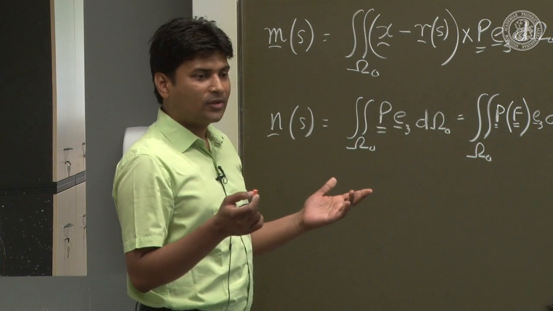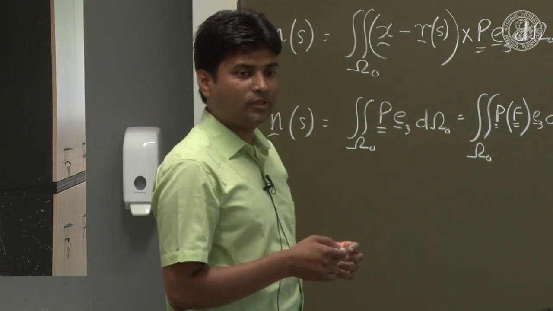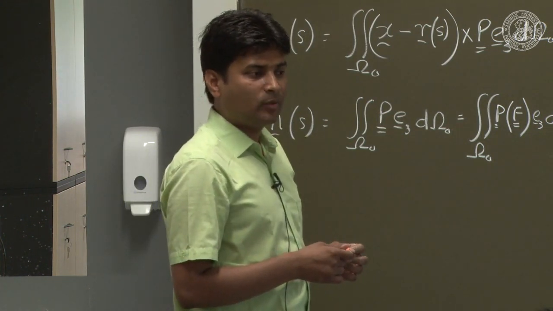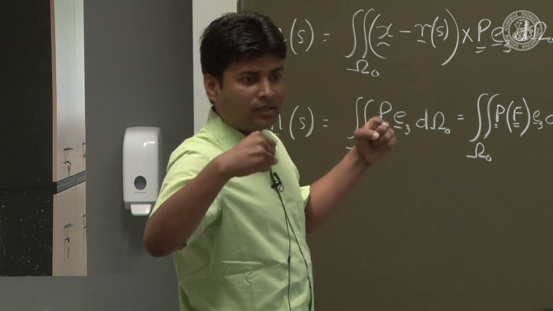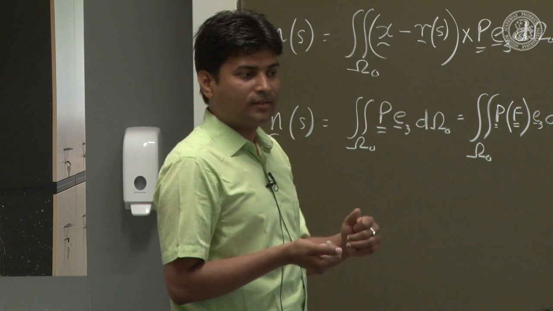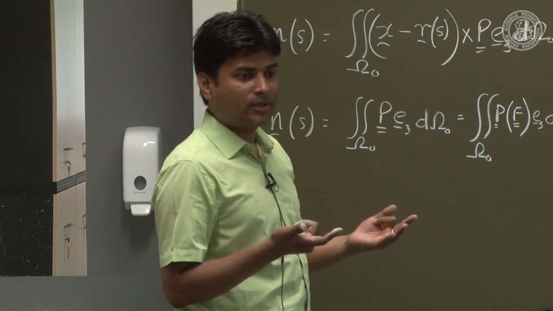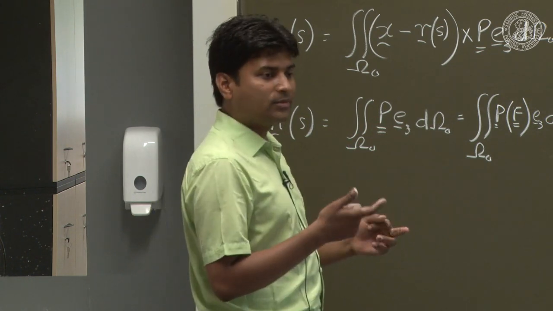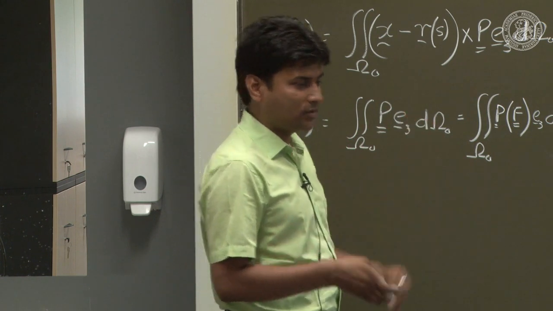It's a very simple case. What is it? Can anyone tell? You have a bar, you strain it by epsilon. What's the force in the bar? EA times epsilon, right? E is the Young's modulus, A is the area of the cross section.